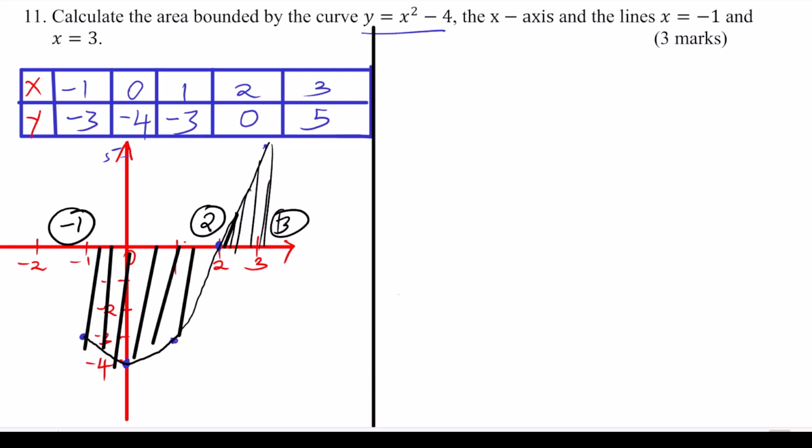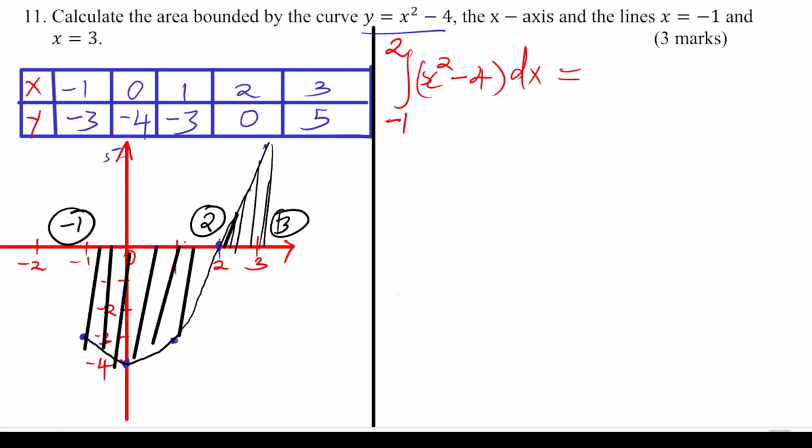So in order to get an accurate answer, you need to integrate this in two parts. You're going to get the area from -1 to 2, that is the area below the x-axis. So we integrate from -1 to 2 the function x squared minus 4 with respect to x.